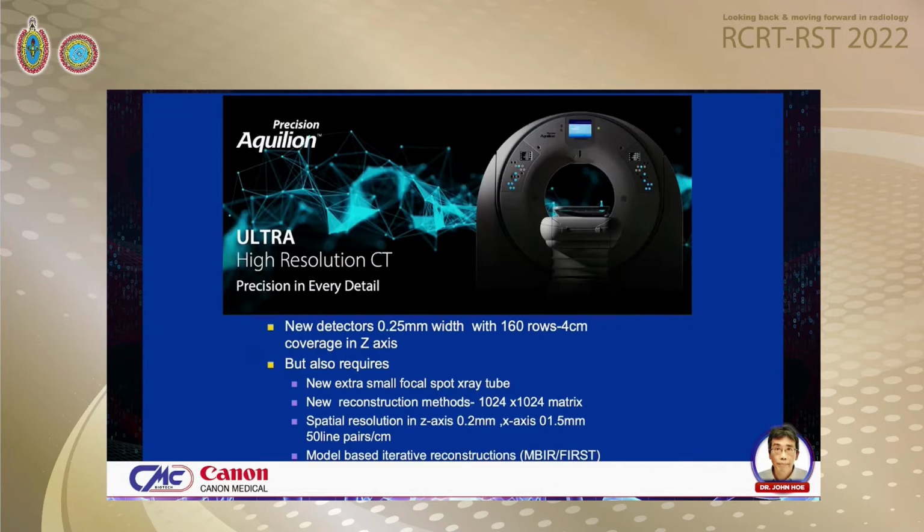Canon has a scanner that has detector widths of 0.25 mm with 164 rows. And this scanner has improved spatial resolution because of this and uses iterative reconstruction to reconstruct the images.